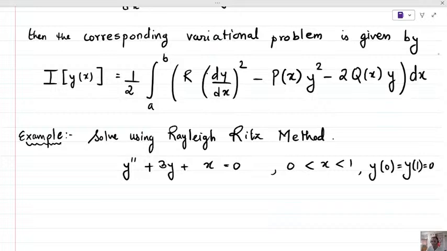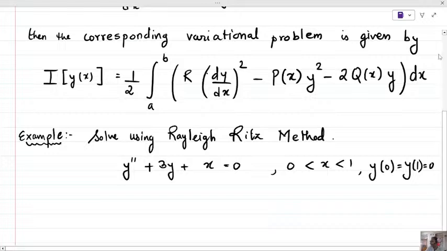This is the question given to us. So how to solve this kind of question, let us see.